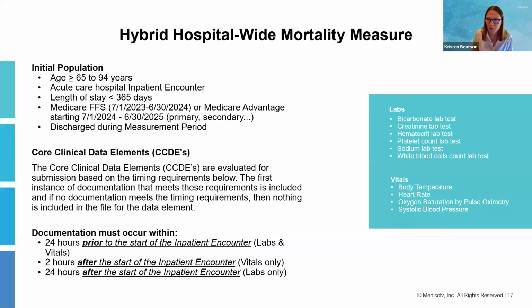And again, very similar. I'm not going to go back through all of this. The same timing applies. The population is the same except for the age range. For the mortality measure, the age is looking for patients 65 to 94 years. So you will have different initial populations for this measure.